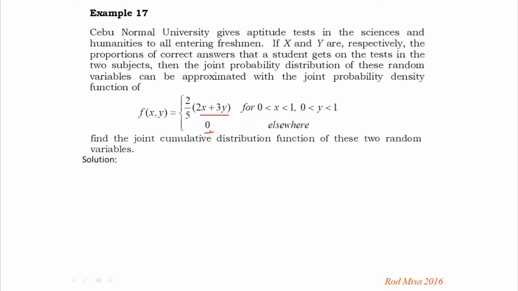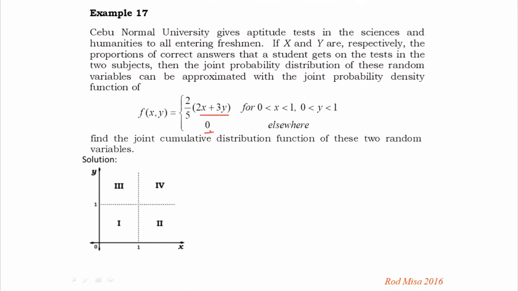So first, let us define the plane properly. Our region 1 is defined when your x is from 0 to 1 and your y is from 0 to 1 also. But for region 2, as illustrated in the drawing, your x is from 1 onwards, but your y is from 0 to 1.